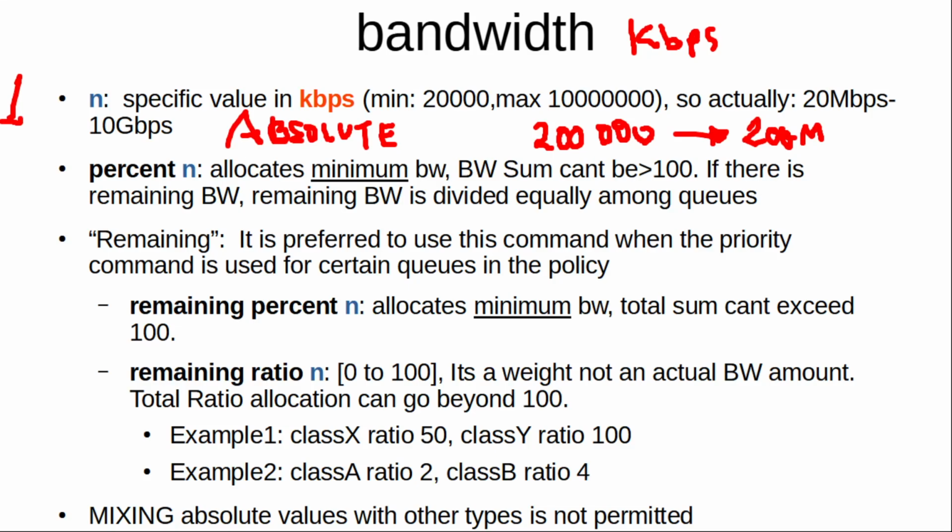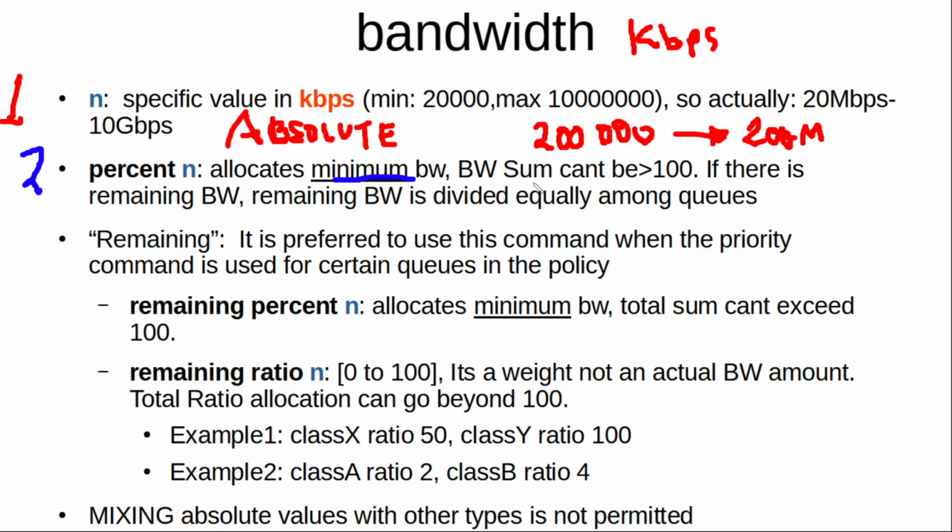The second way to do so will be using a percentage. So in this case, we're going to use a relative value. It is not an absolute value. It is a percentage of the maximum bandwidth that you have allocated for your policy map. So remember that this is also a minimum allocated value.